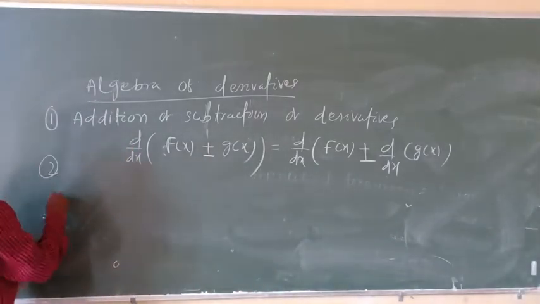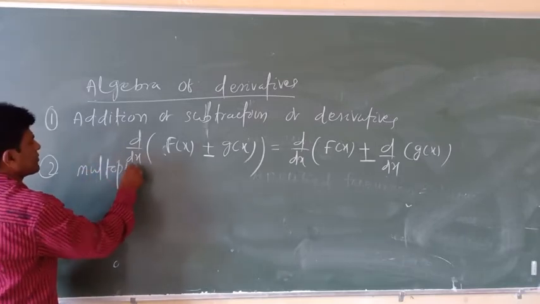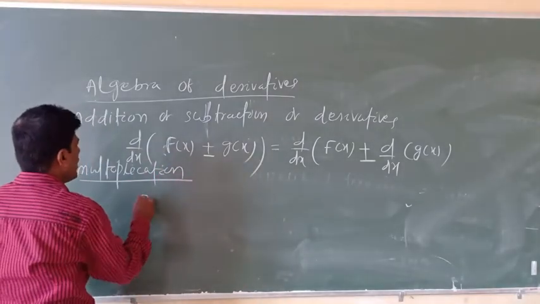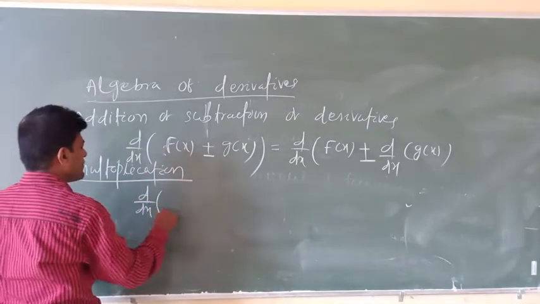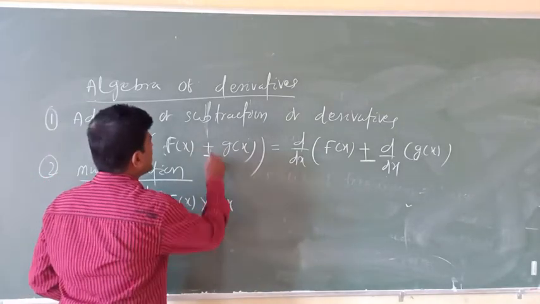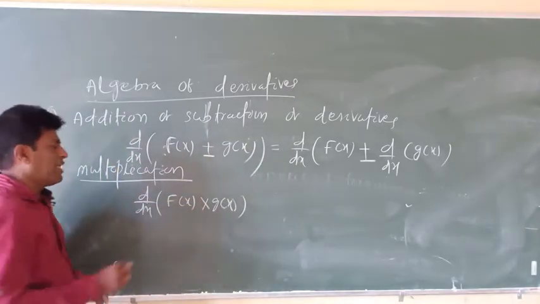Number 2, multiplication of derivative. Look, d by dx of fx into gx. Here is multiplication, fx into gx.